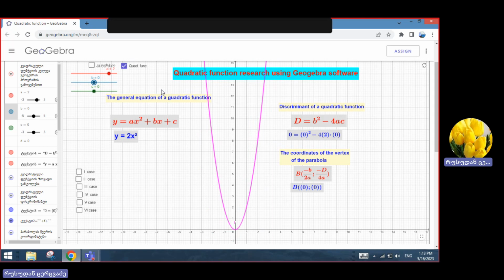Number 2. A is more than 0 and discriminant is equal to 0. The branches are directed up. The graph's vertex is located on the x-axis. So the graph has one common point with the x-axis.